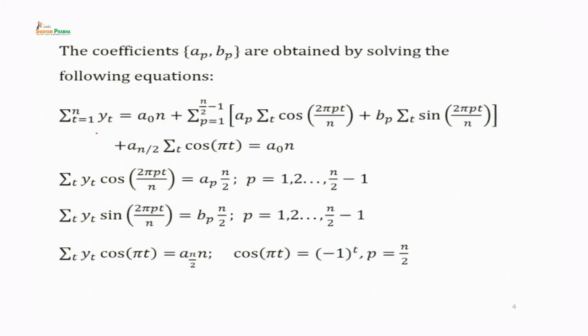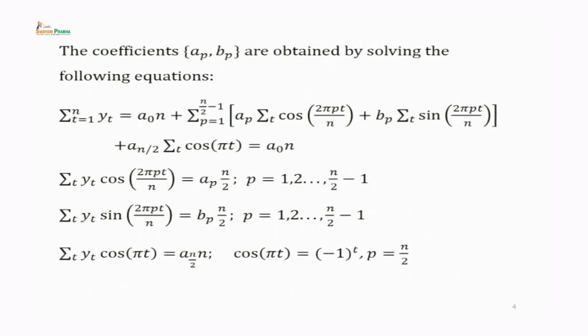So, you get this first equation: summation y t equal to a naught n plus summation over p a p summation over t cos 2 pi p t by n plus b p summation over t sin 2 pi p t by n plus a n by 2 summation over t cos pi t.